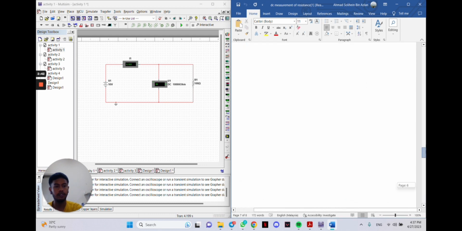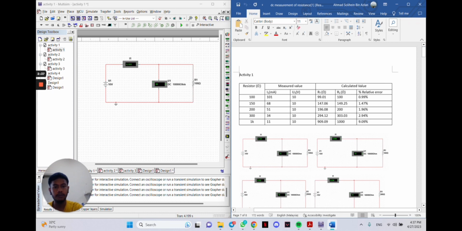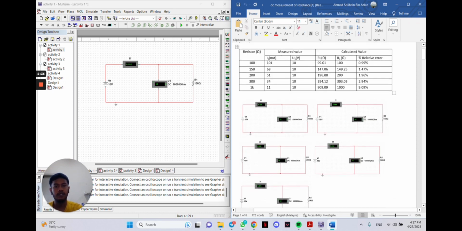So for the result, this is our result for our group, for measured value and calculated value, by using the formula given in the lab sheet. This is the measured value for resistor from 100 ohm until 1 kilo ohm for activity 1.